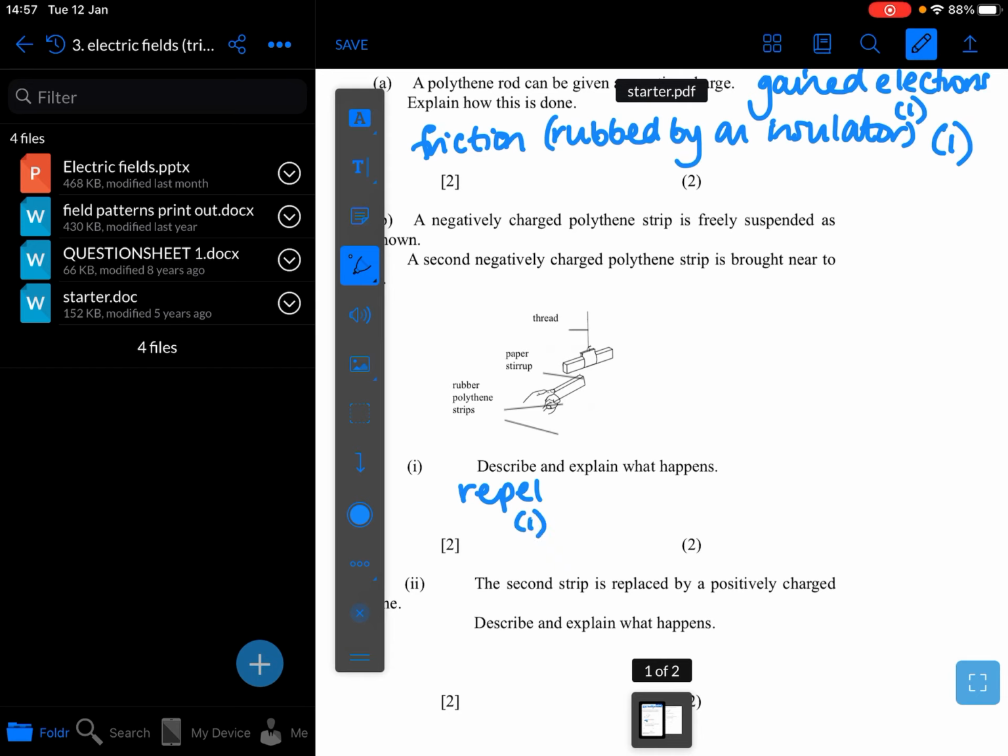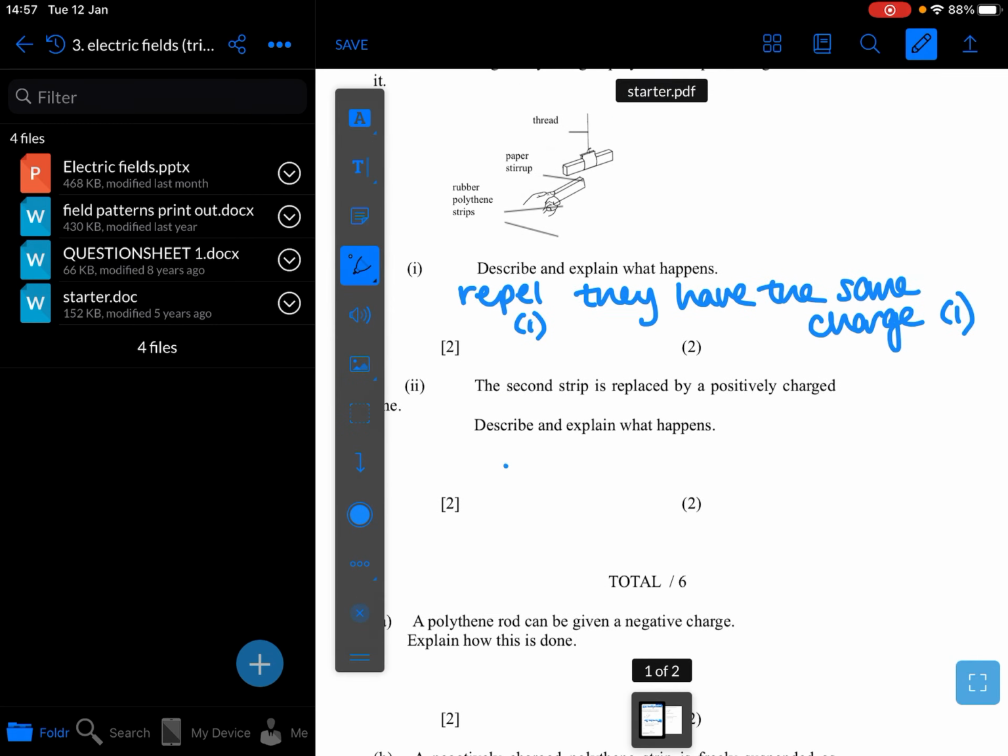So that is 1 mark, and this is because they have the same charge, for 1 mark. The second strip is replaced by a positively charged one. Describe and explain what happens. So next time, 1 mark for saying they attract. Why? Because they are now opposite charges.